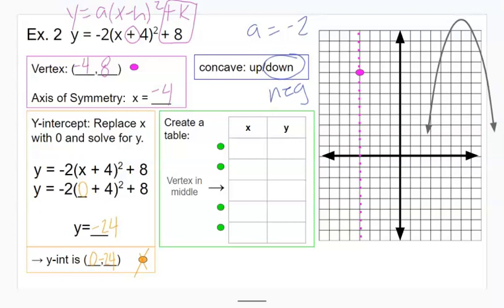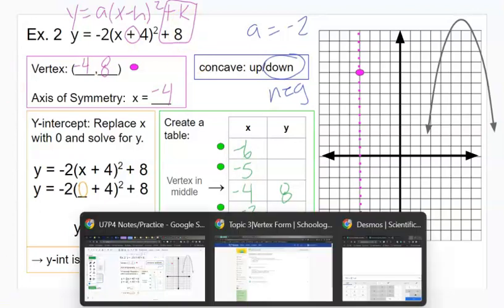All right, so the last piece then is creating that table so that we can create our parabola shape. So the vertex goes in the middle, negative 4, 8. And then we put smaller numbers above, larger numbers below, and then use our calculator to solve for those values.